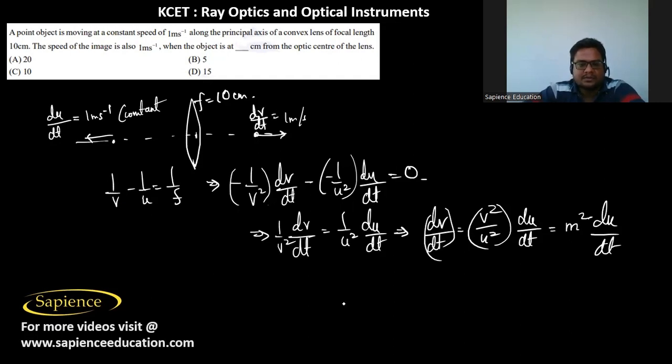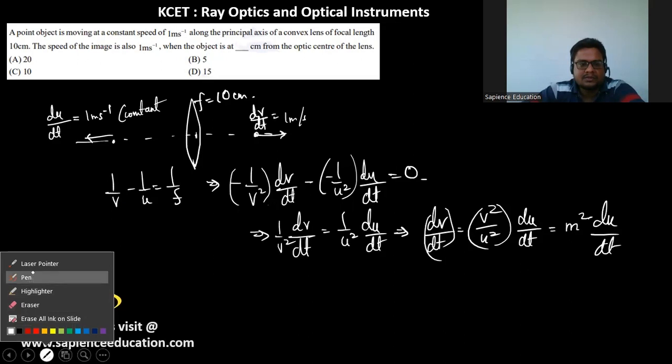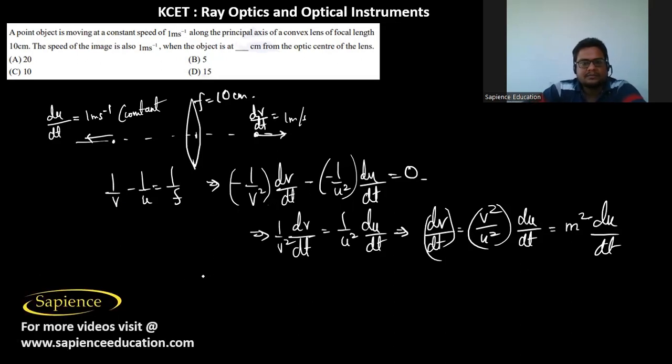Now we have to find the object distance u at which dv by dt is also 1 meter per second. If dv by dt is also 1, it means that it is equal to du by dt.